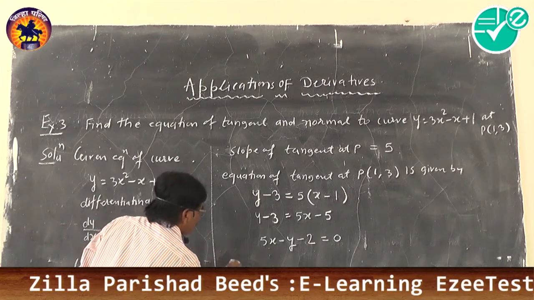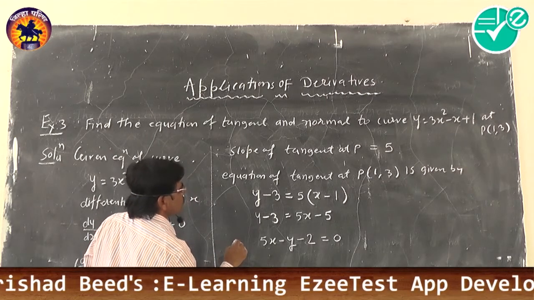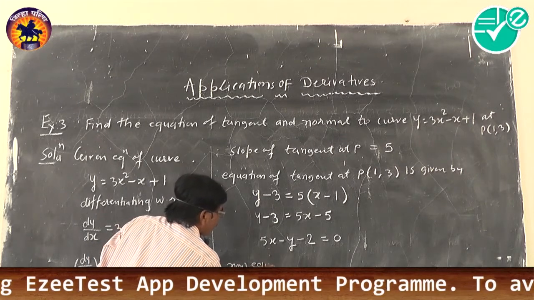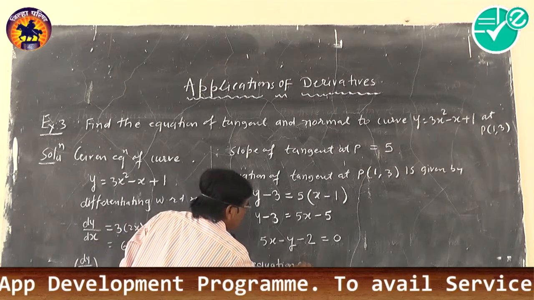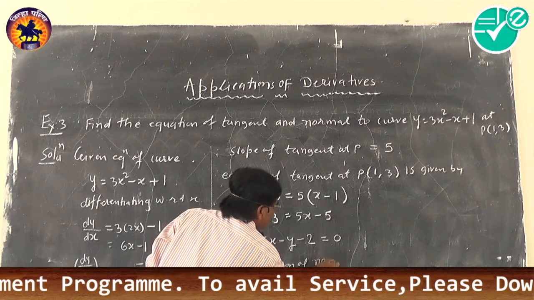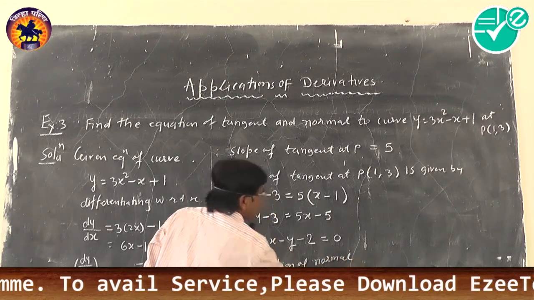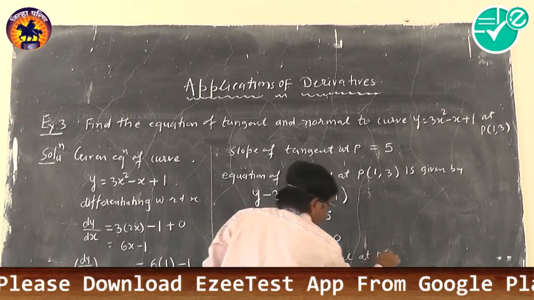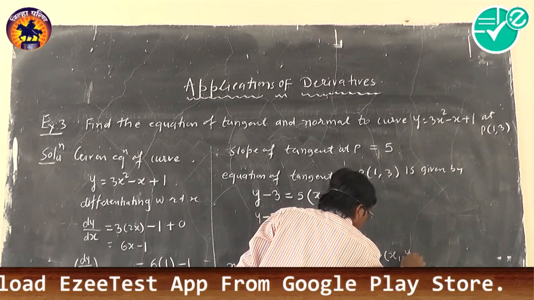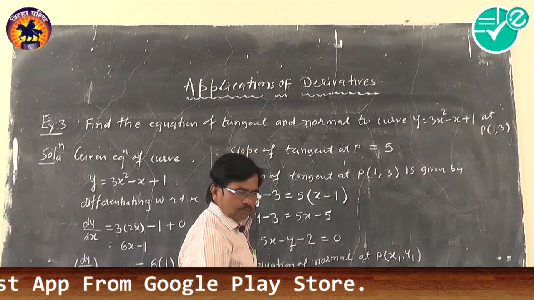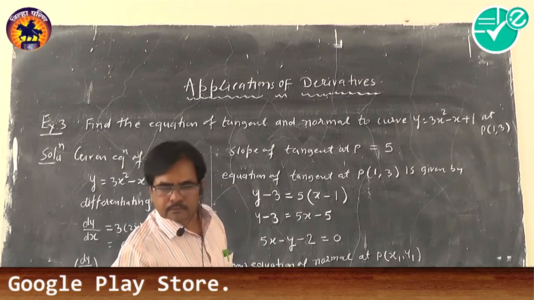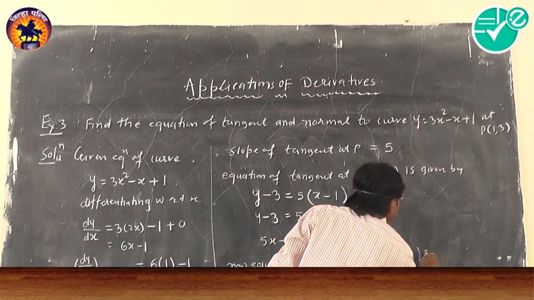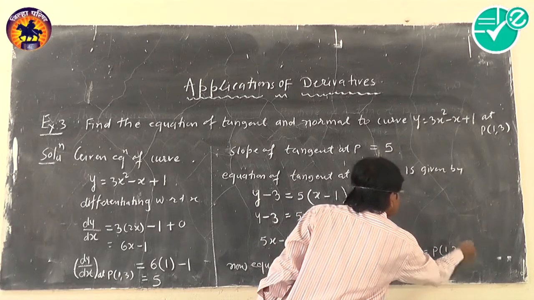Now the equation of normal at P(x1, y1), which means P(1, 3).